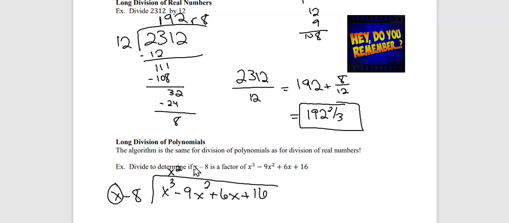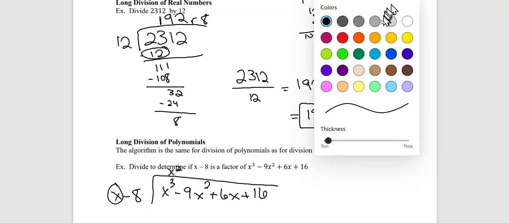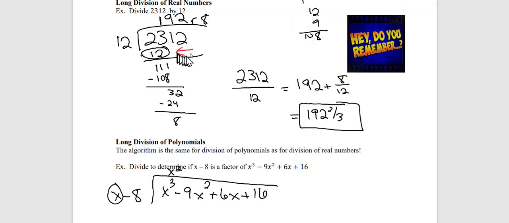Now, when I came up here, this 12 right here came from multiplying 12 by 1, the number I wrote up above. This 108 came from multiplying 12 times 9, what I wrote up above.